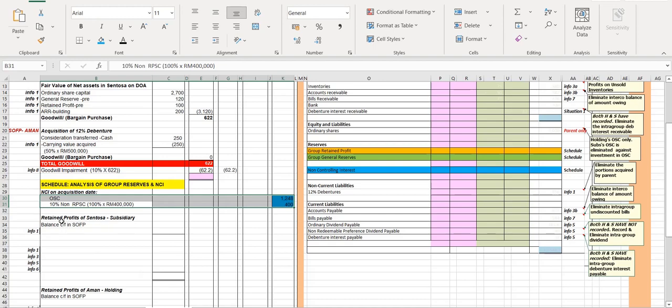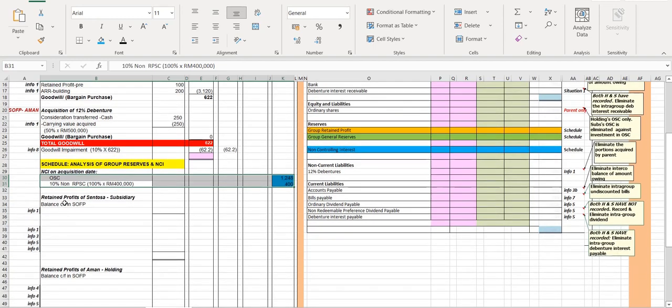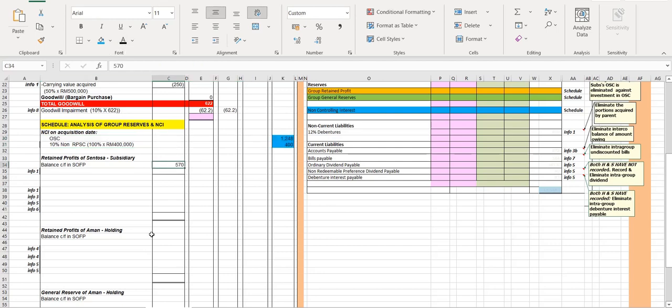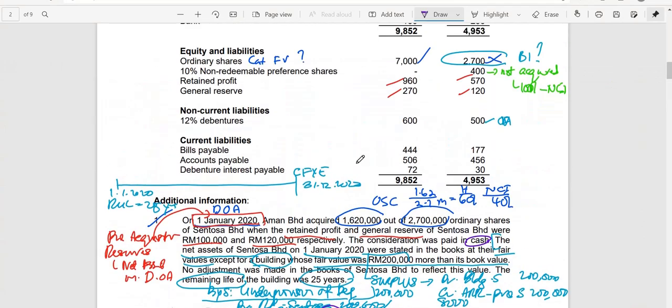Right. Next would be to look at the remaining adjustment. But before that, you need to put your reserve that you should include here. So one is the retained profit. I start off with retained profit of Sentosa, and you can put the balance to get 3 marks actually. So the balance is here. You can take the balance here for the subsidiary, and this is for the parent.